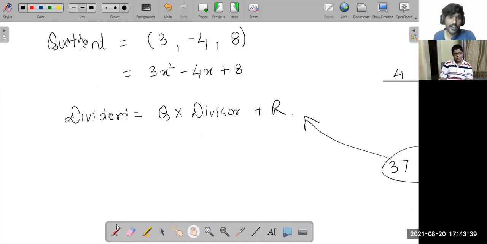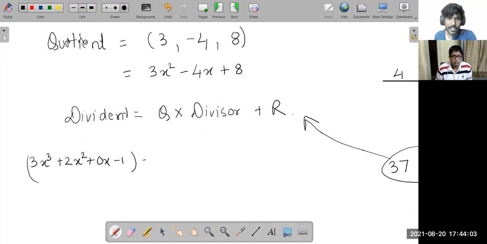So finally you can write your dividend is 3x cube plus 2x square plus 0x minus 1.